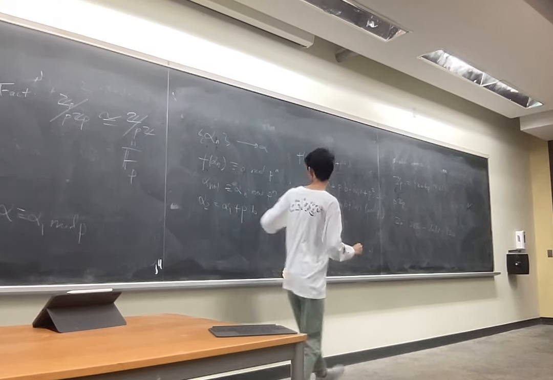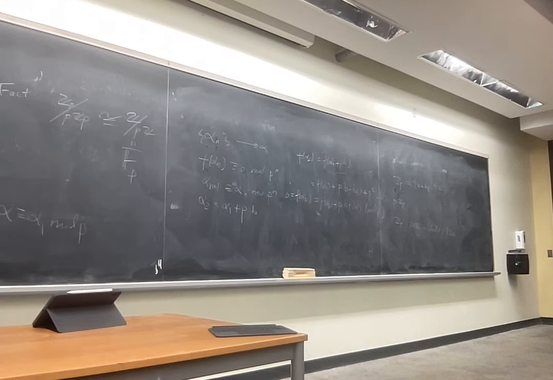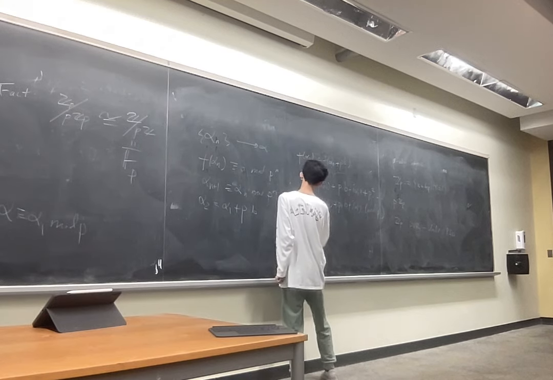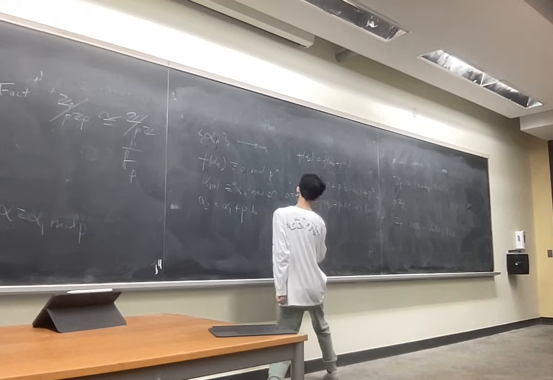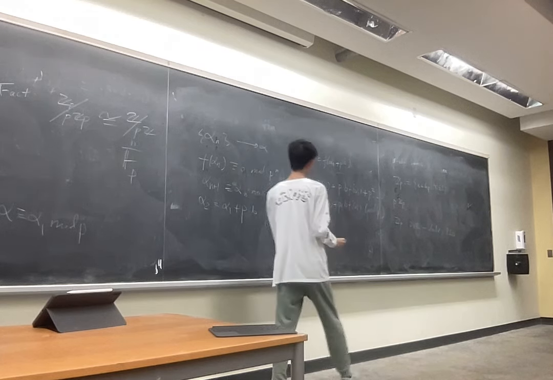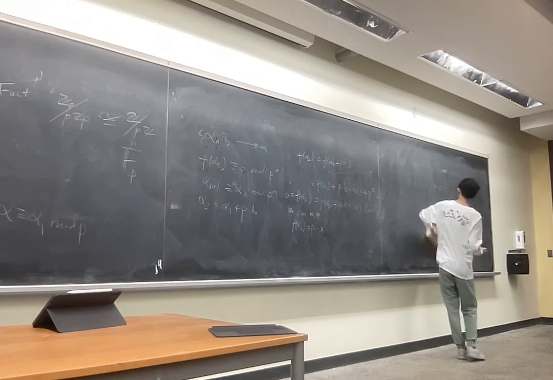We also know f of alpha 1 is 0 mod p by hypothesis, so we can write f of alpha 1 as p times x. In this way, what do we have?